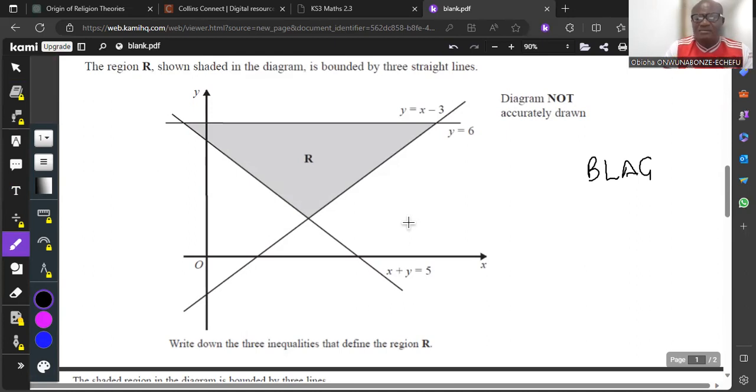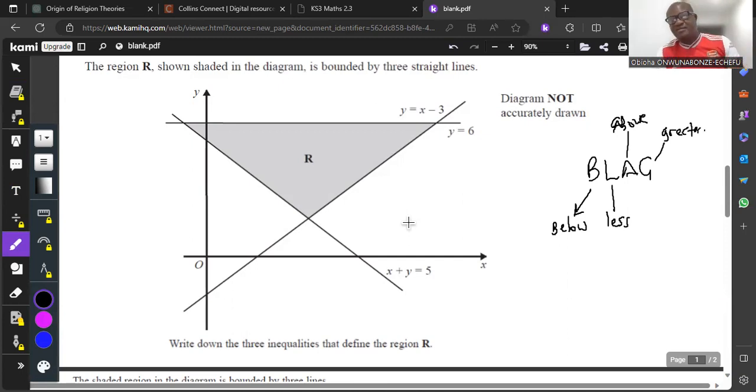So in this case, if below the line is shaded, then use less than. And if above the line is shaded, then use greater than. I don't want this mixed up with LAGB. This is the opposite of LAGB.